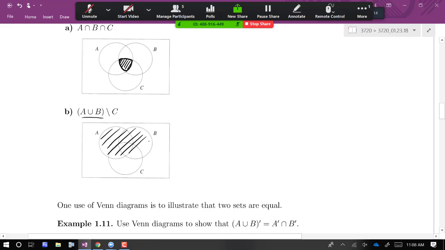I know I might have to make some changes. Then it says set minus C, so I want to throw out anything that's in C. So I'm just going to erase the markings I made that overlapped with the C region. So it's basically that region right there.